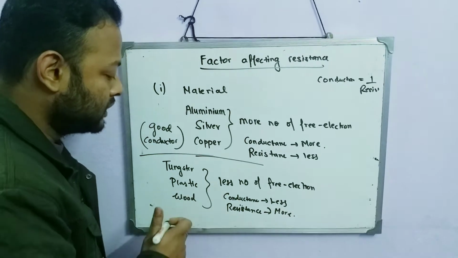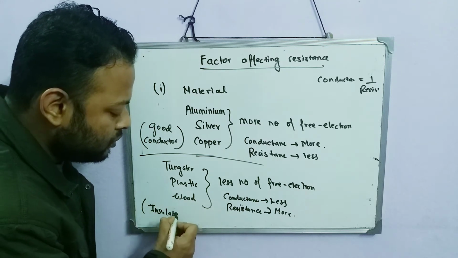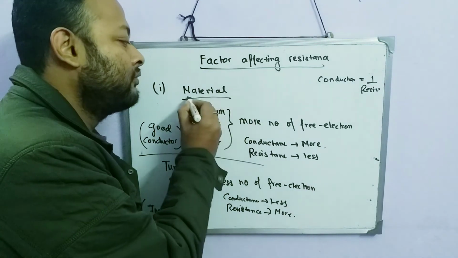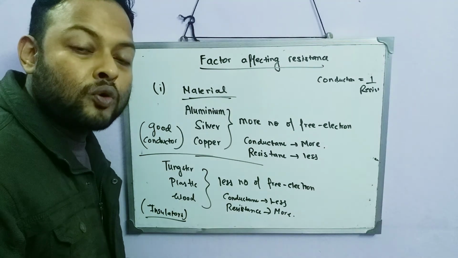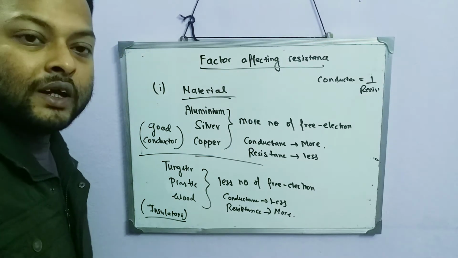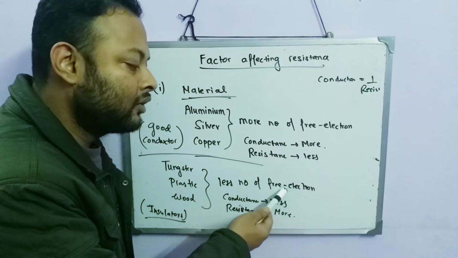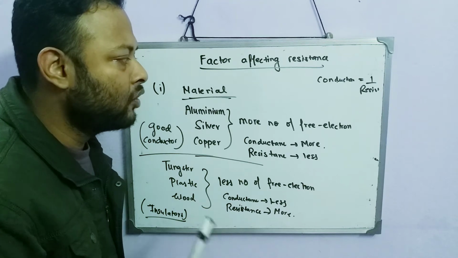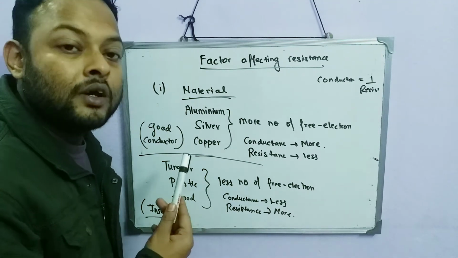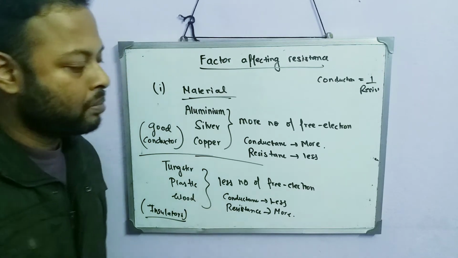In that situation, these are called insulators. So the first factor, material, totally depends on the amount of free electrons. If free electrons are more, then the conductance is more. If free electrons are less, then conductance is less. I hope you understood the first factor which affects the resistance.